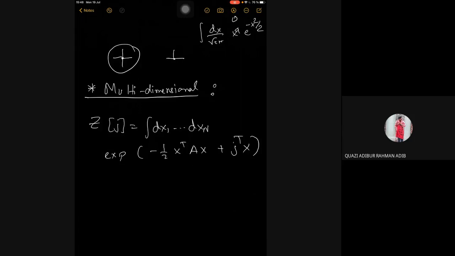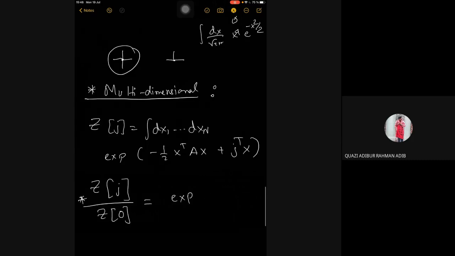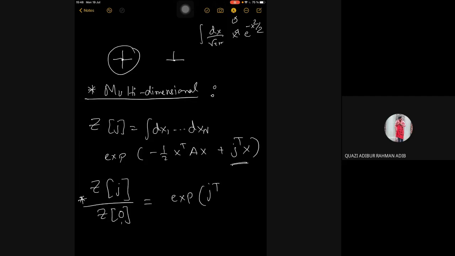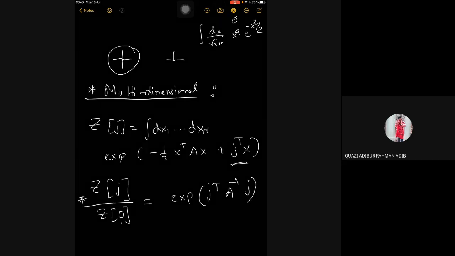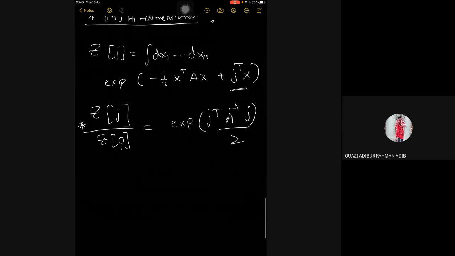And as you have calculated Gaussian integrals in detail, you know what the result of this is. And by 0, I mean you don't have the source term; you set j equals 0. So it's something like this, e to the J transpose A inverse J over 2. So you can do this.